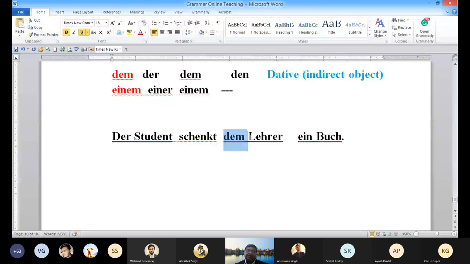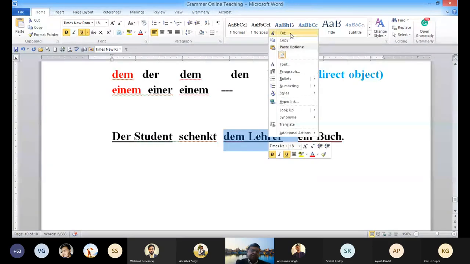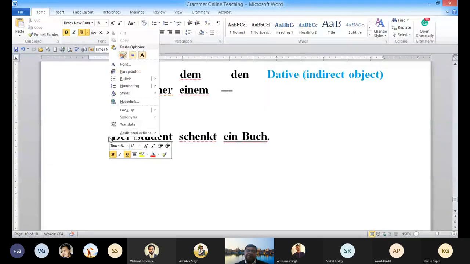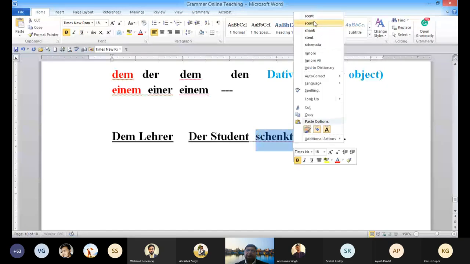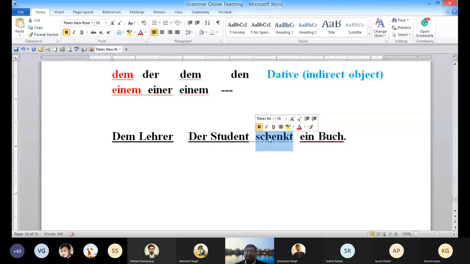These articles will tell you that how you should translate this sentence. Because even if I put, suppose dem Lehrer in the beginning of the sentence, meaning will not change. If I write here dem Lehrer and then verb will come at the second place.